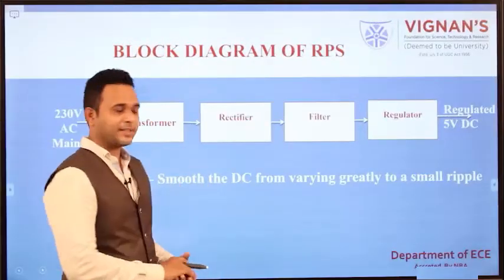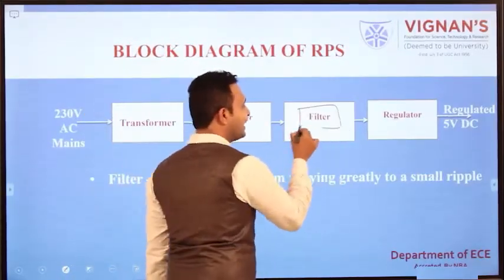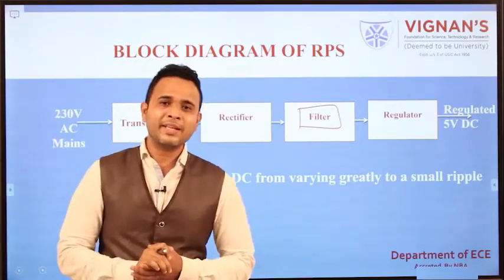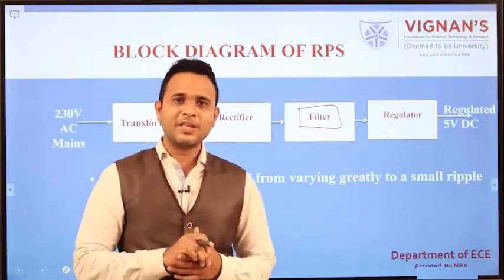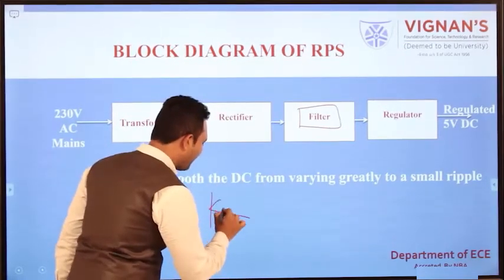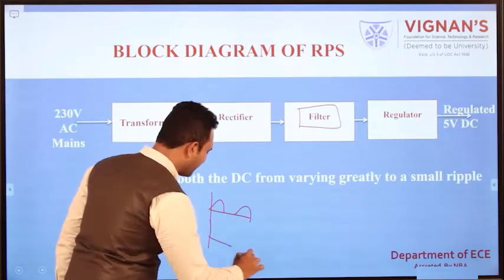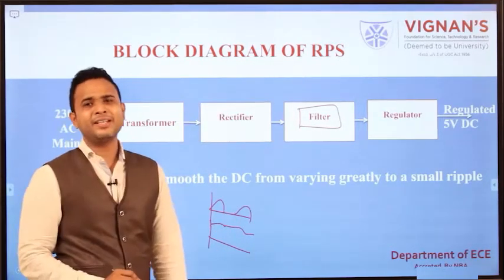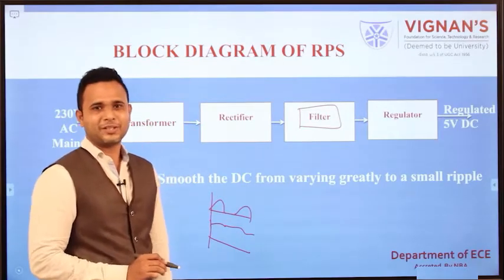Coming to the filters. The next block is the filter. Filters smoothen the pulsating DC to pure DC. So for filters, the input is the pulsating DC and the output is the pure form of DC. Here also we are not getting that much purification, right?